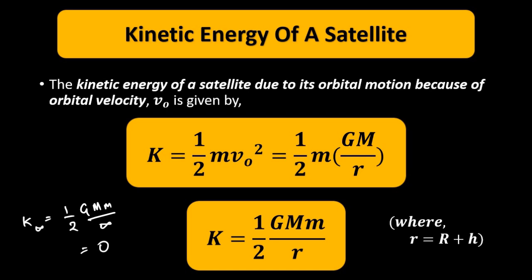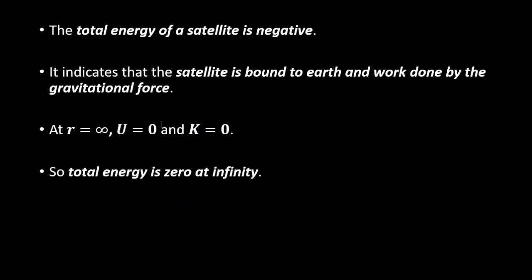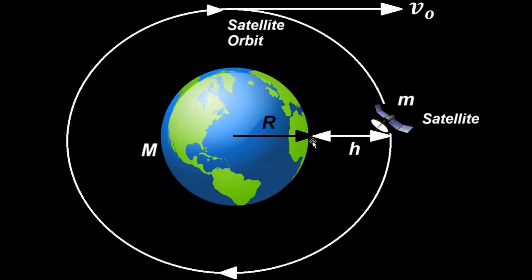So the total energy at faraway distance will also be equal to 0. The sum of kinetic and potential energy, both of them are 0. So the total energy is also 0 at faraway distance, at infinity, when the satellite or any object is at a faraway distance from the surface of the Earth, where the height is much greater than the radius of the Earth.